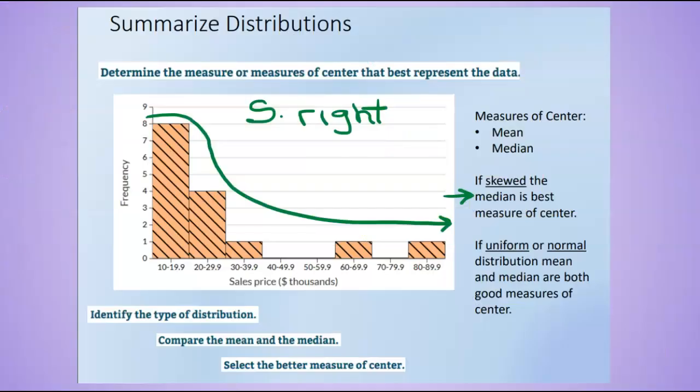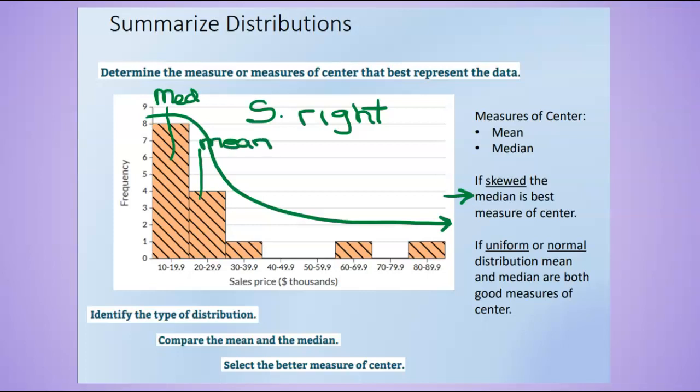So we're going to compare the mean and the median. The mean is to the right of the median, or the median is less than the mean. So let's say that the mean is somewhere in here and the median is somewhere in here. This would be the median and this is the mean.